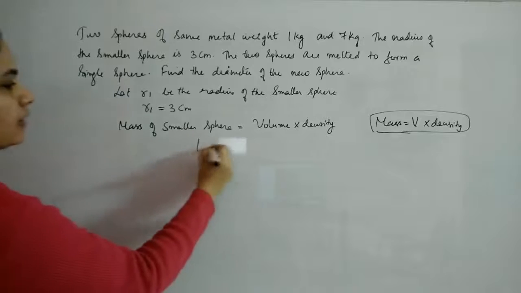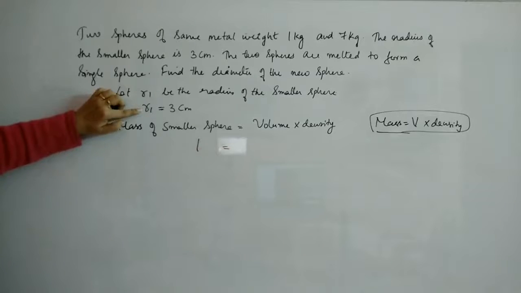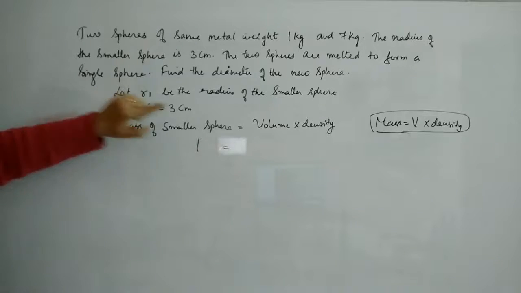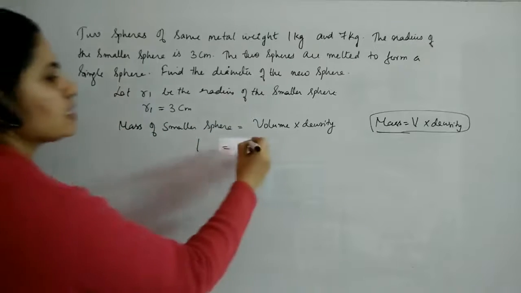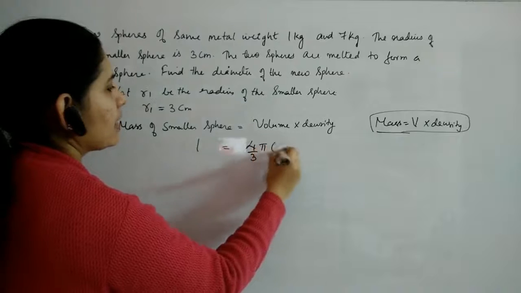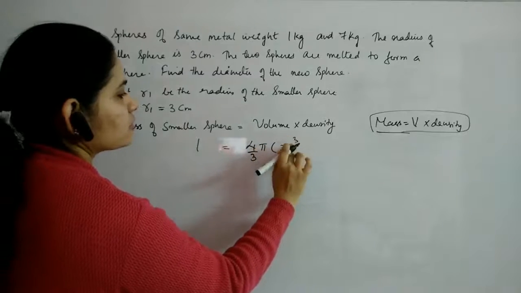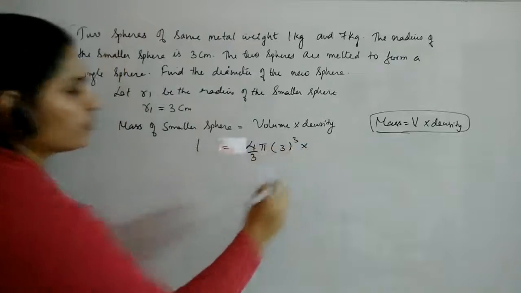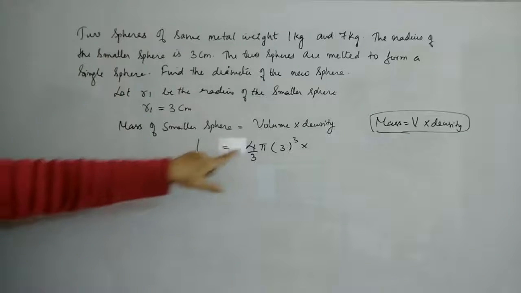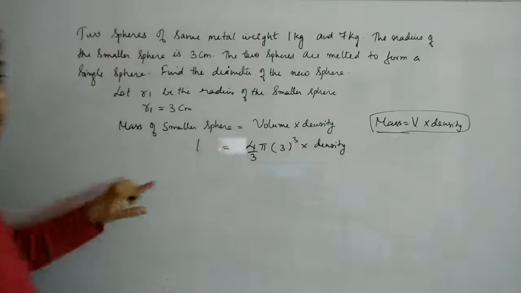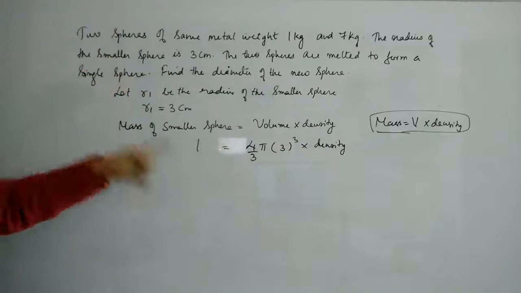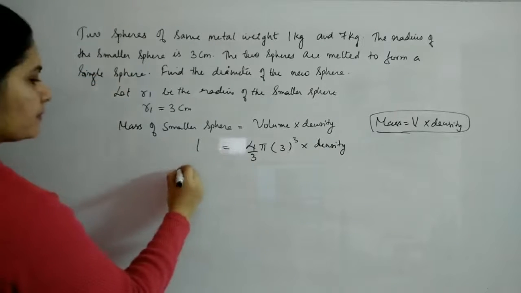Since you know the radius, you can find the volume of the sphere, 4 by 3 pi r cube. So here you will get 4 by 3 pi into 3 cube, into density. From here you will get the density, and that can be used to find out the radius of the other sphere. What will be the density?